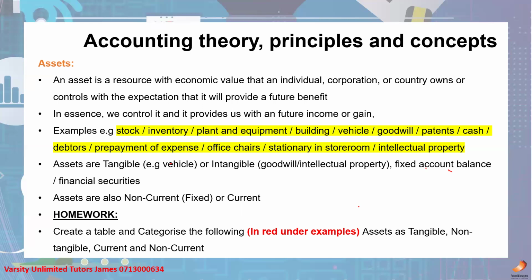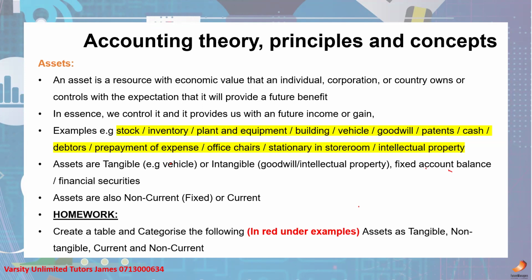Or, for example, if you have a vehicle, a car, and you can use the car to do sales calls or to deliver your products, whatever the use in the business. Again, it is a resource of economic value that you own that you can use to generate income for the business. So that is what we call an asset.